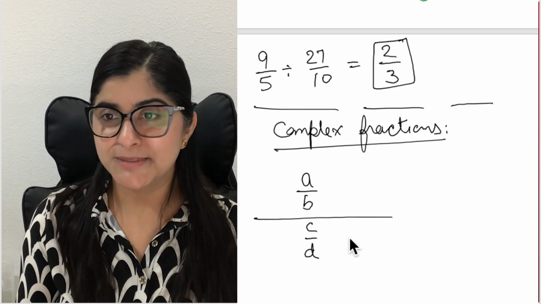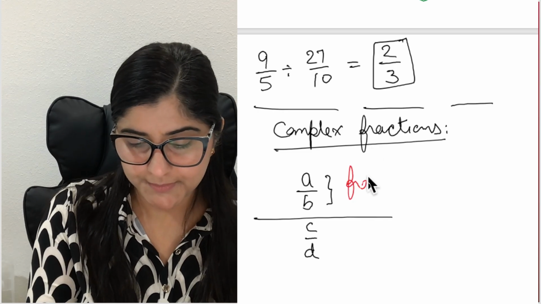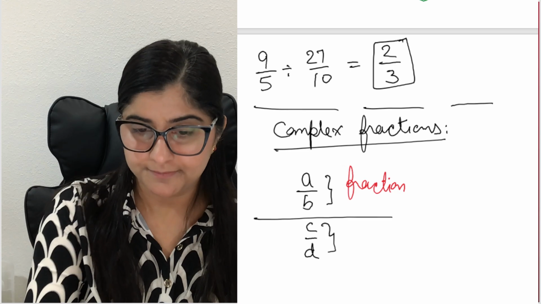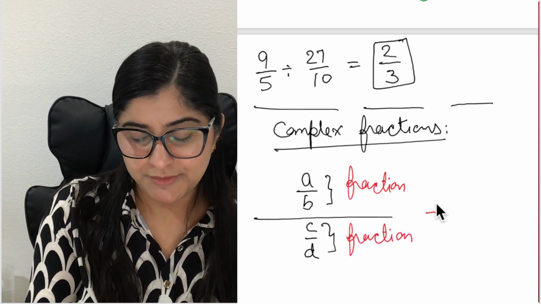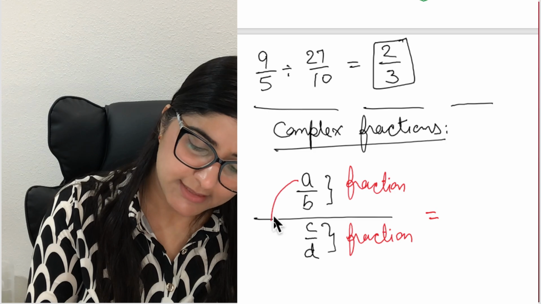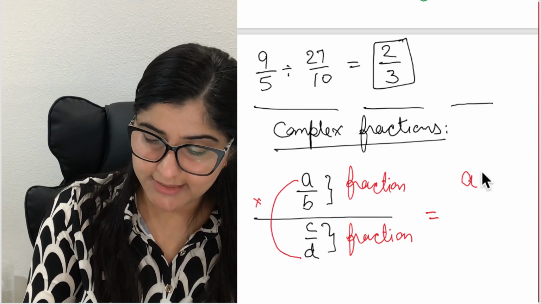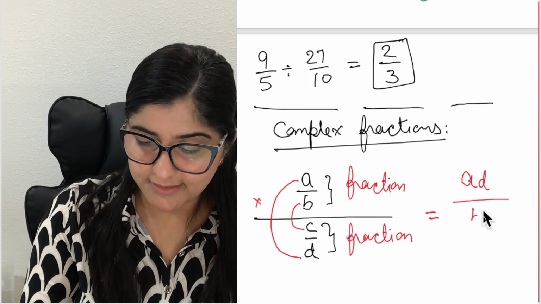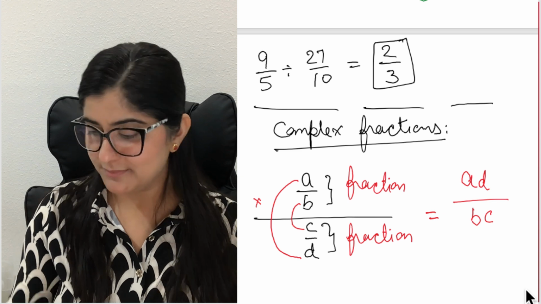So whenever you see a fraction divided by a fraction, how to simplify that? The trick here is we multiply first and last and write that in the numerator, e times d, and we multiply the middle two and write that in the denominator, and we write it as just one fraction.